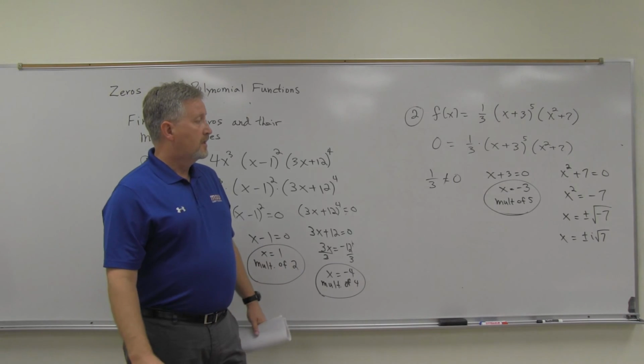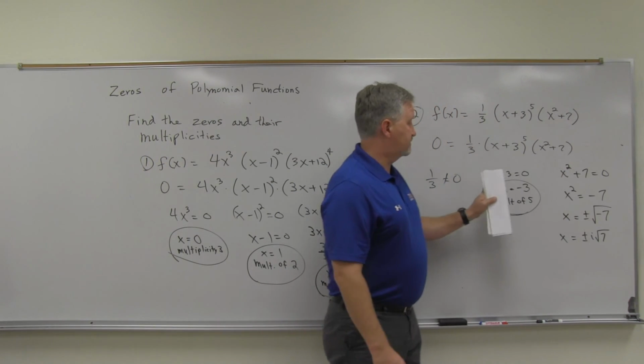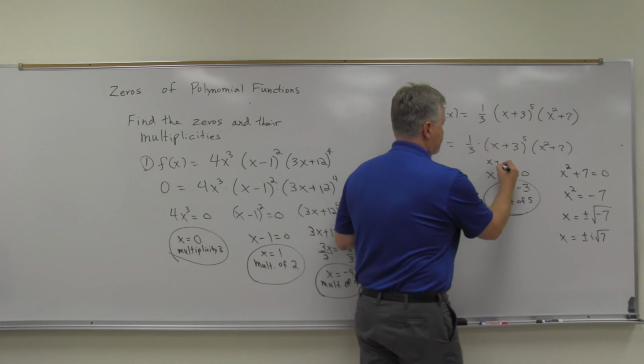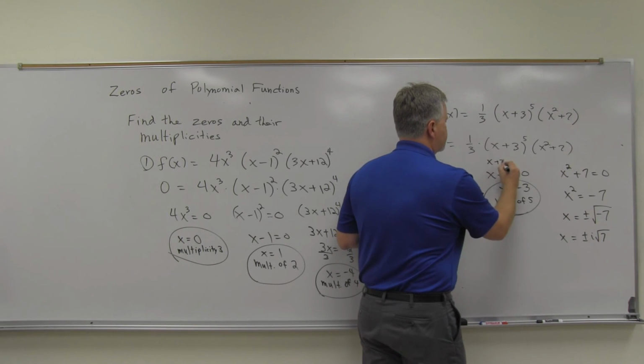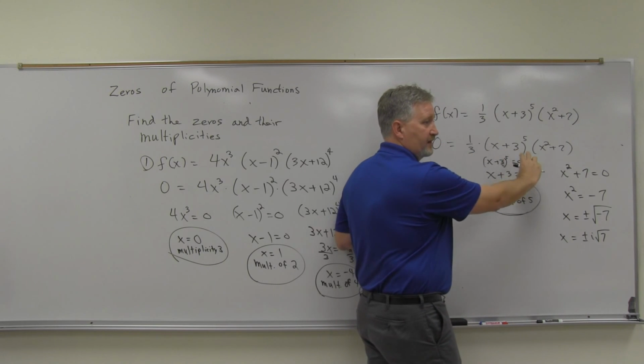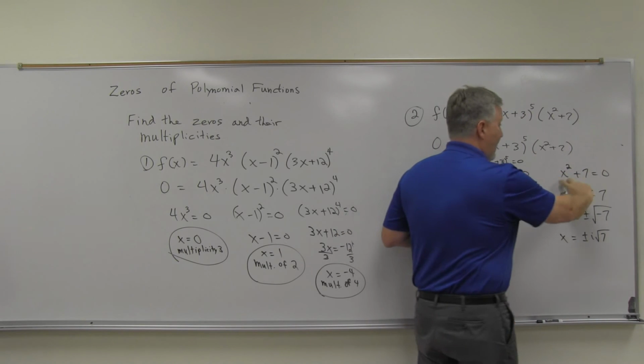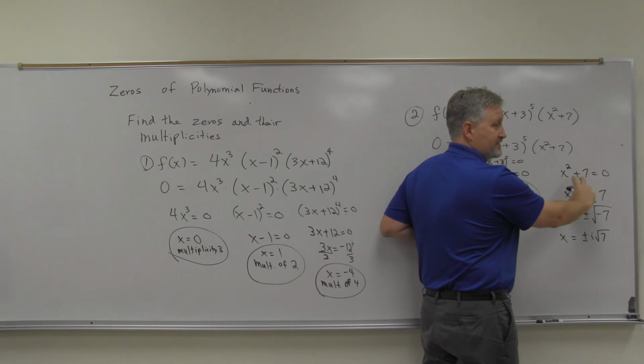With me there? Now, again, this is different than this because I didn't write it, but this I have x plus 3 to the 5th power. So I've got 5 different factors of x plus 3 out there. I don't have multiple factors of this one, do I?